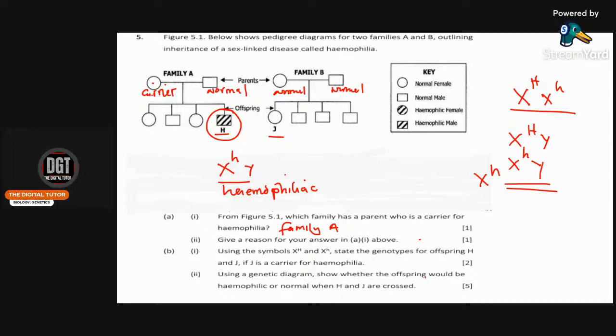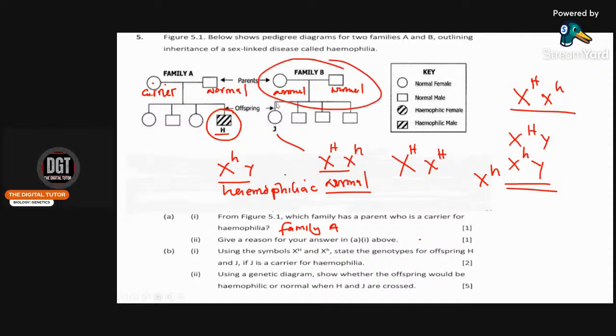Then what about J? J is a female. A normal female is X^H X^H. A carrier is also normal, so X^H X^h is one possible genotype, but since we said this family did not have a carrier, J is X^H X^H.